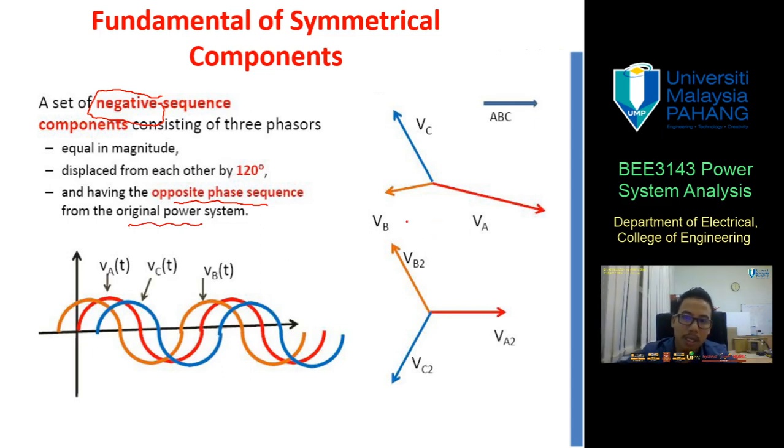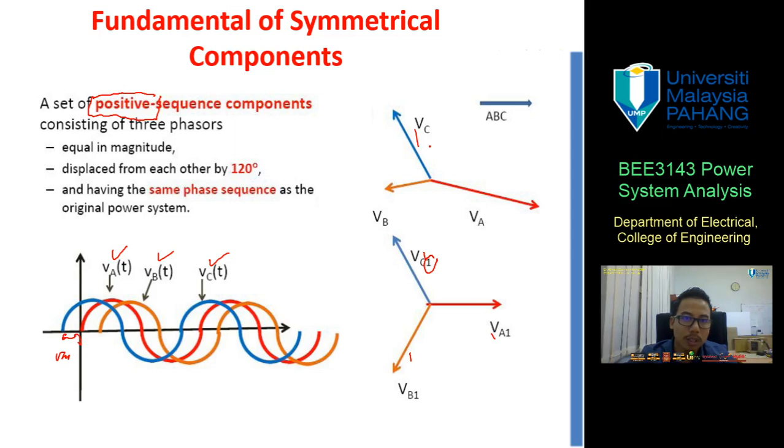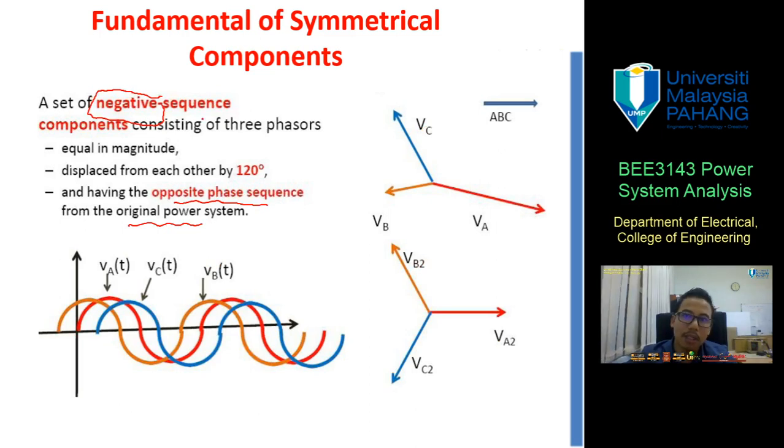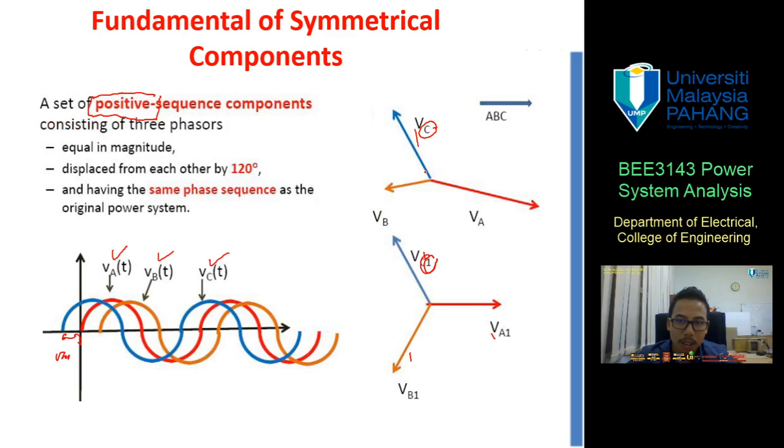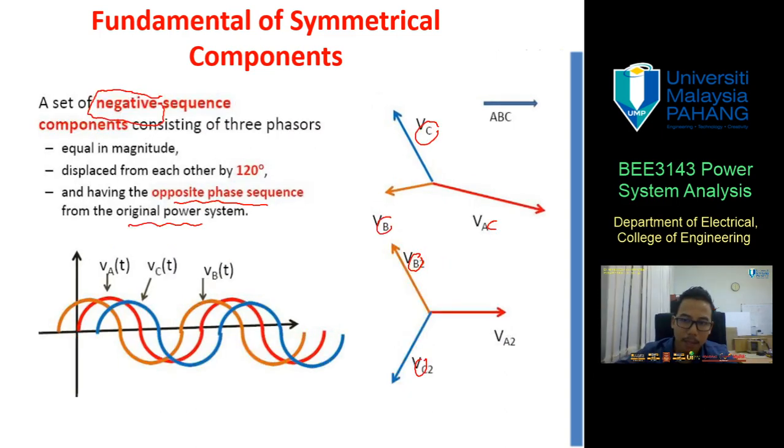Compared to the previous slide, B and C are swapped: phase A stays A, but B becomes C and C becomes B. So B and C are changing. In the figure below it is likewise C and B, with VB and VC exchanged.